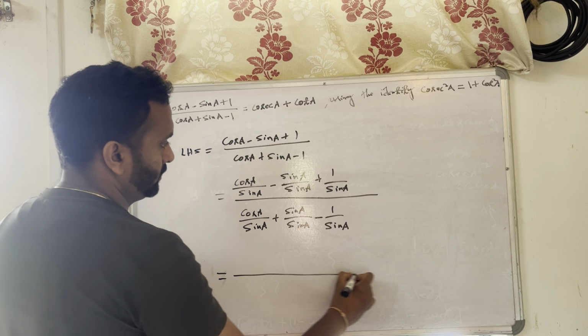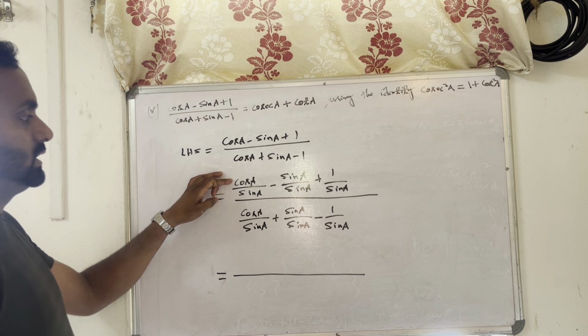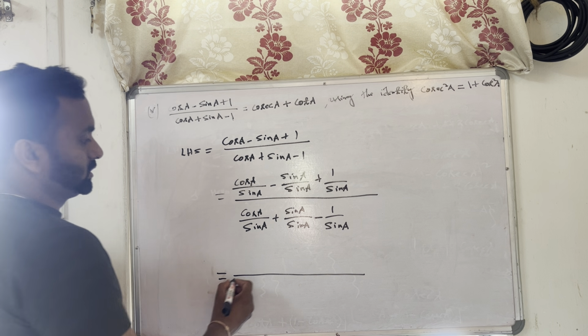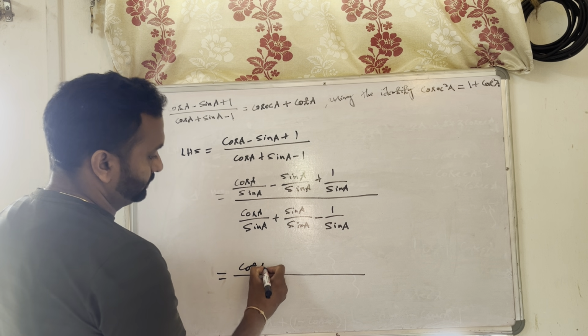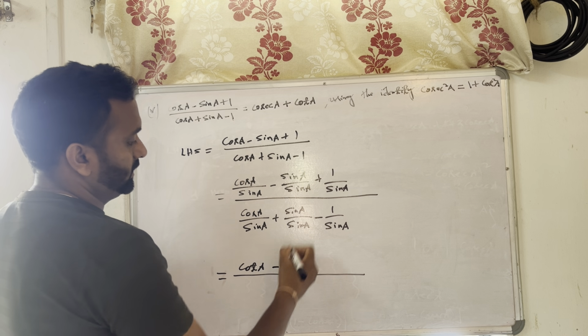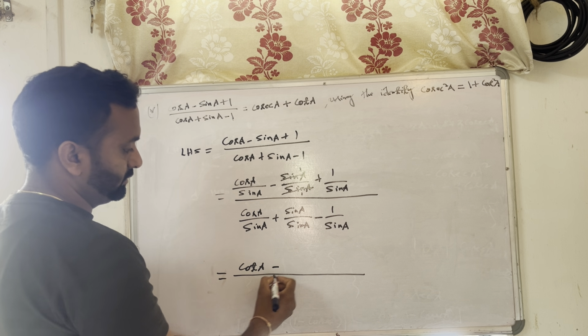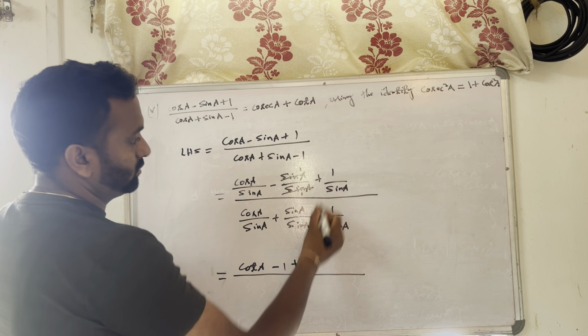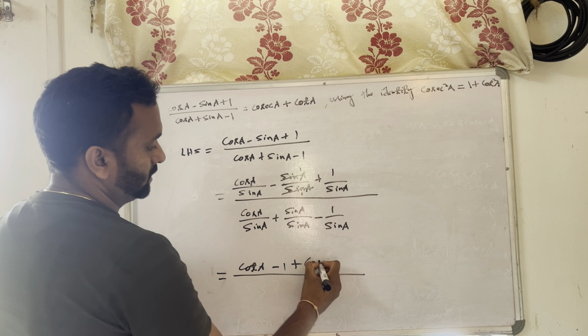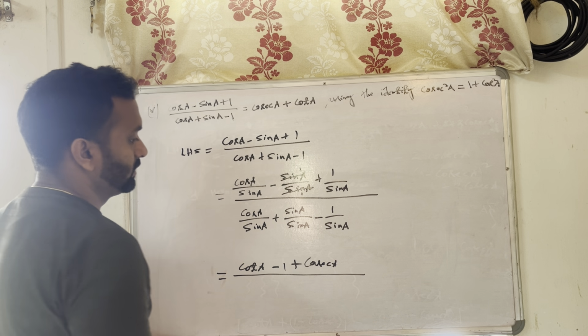So here cos a by sine a will be how much? It will be cot a. Minus sine a by sine a gets cancelled out, and we are left with 1 plus 1 by sine a, which is nothing but cosec a.